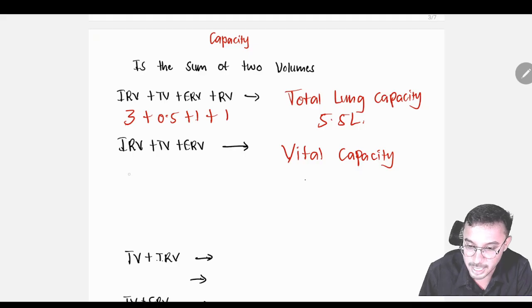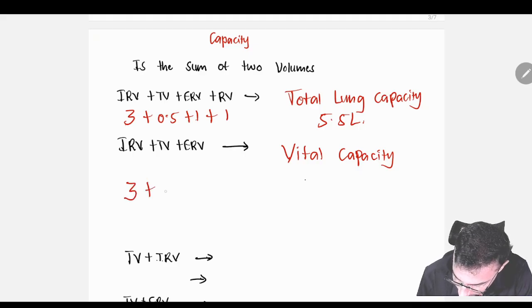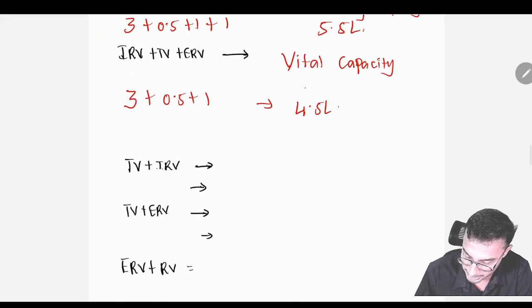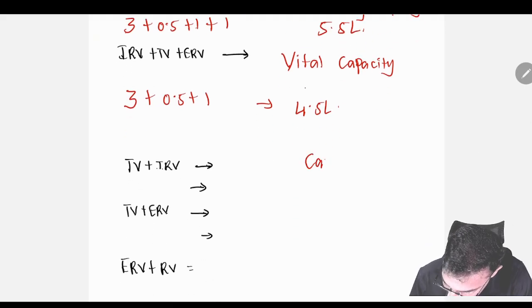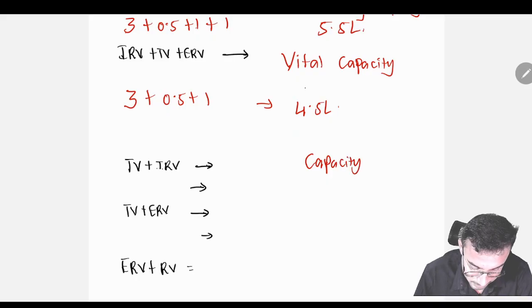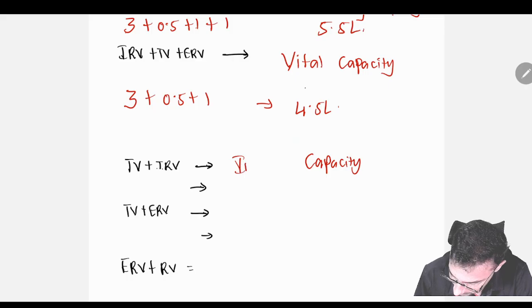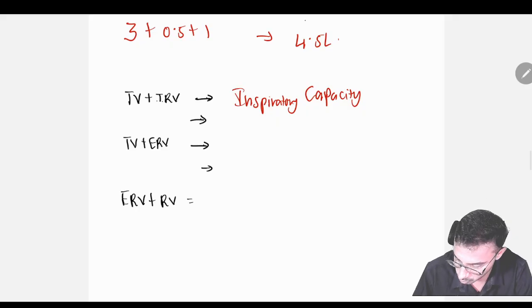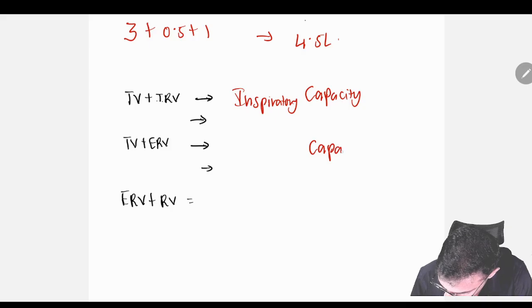So what about this? IRV 3, TV 0.5, ERV 1. How much is it? 4.5 liters. If I combine TV plus IRV, that is a capacity. Which capacity? Inspiratory capacity. And TV plus ERV, I am combining these two, that is also a capacity.